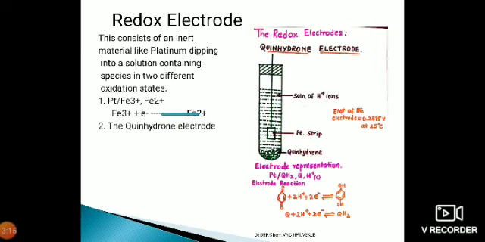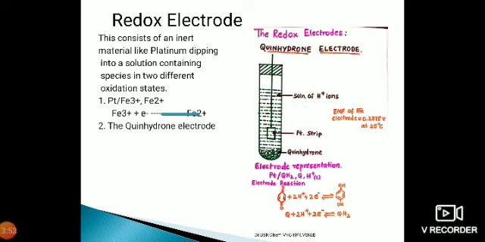This is another type of reference electrode which we call a redox electrode, where both oxidation and reduction reactions take place simultaneously. These consist of an inert material like platinum dipping into a solution containing species in two different oxidation states. For example, the ferrous-ferric electrode is symbolically represented as Pt | Fe3+, Fe2+.